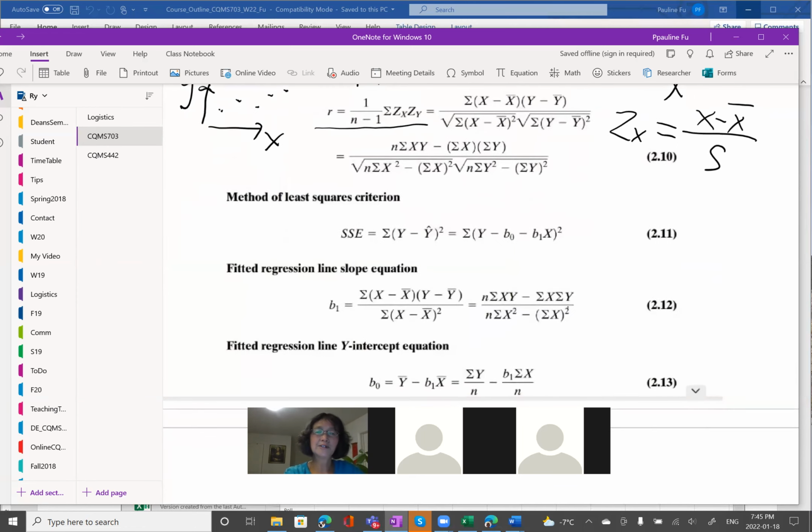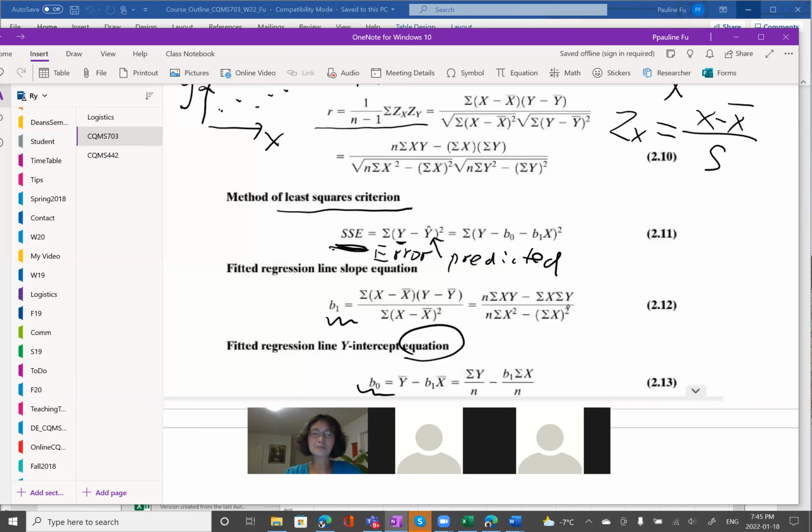For the method of least squares criteria, we use this SSE, sum of squares due to error. This E is error, E-R-R-O-R. By definition, it uses the original y minus this y hat, which represents the predicted y. And the predicted y comes from an equation. That equation needs a slope and intercept.